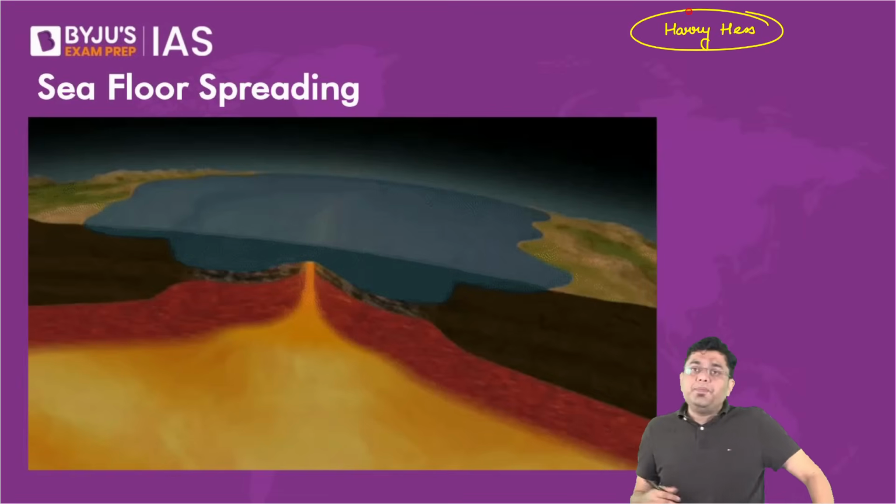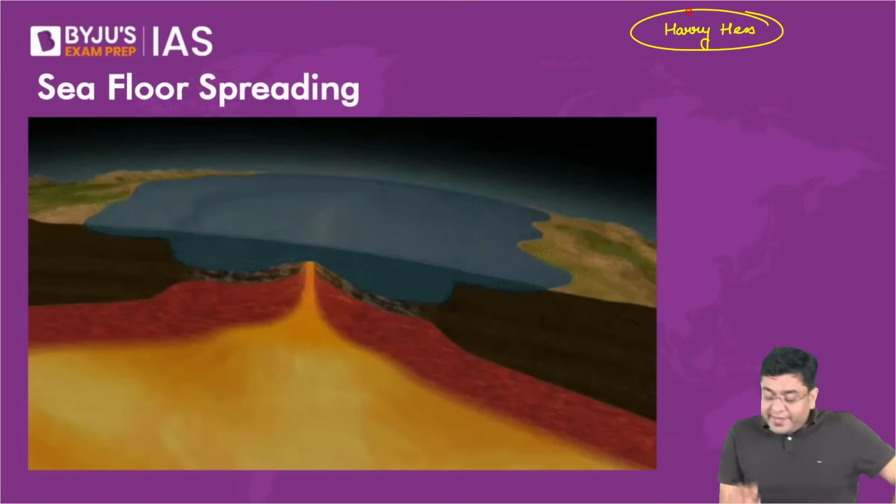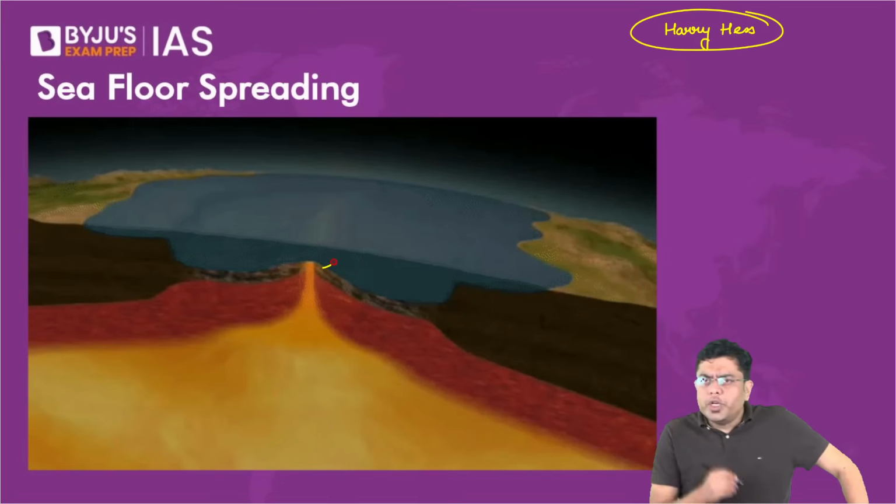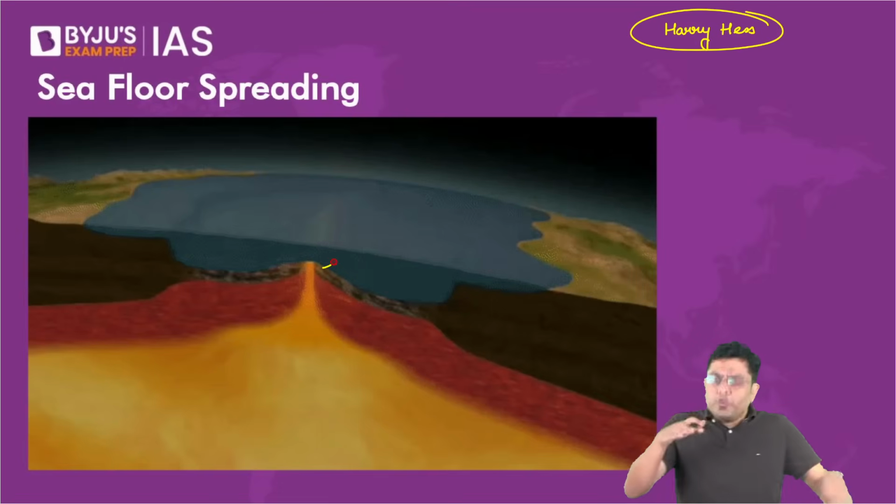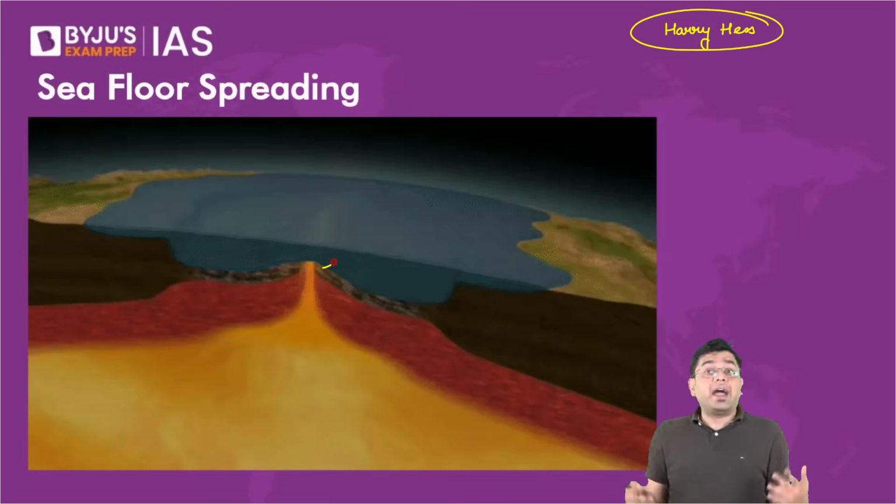So basically, he observed that at the seafloor, wherever there is active volcanism in the region of the mid-oceanic ridges, in the middle of the ocean, you have these ridge-like features where you have active volcanism.